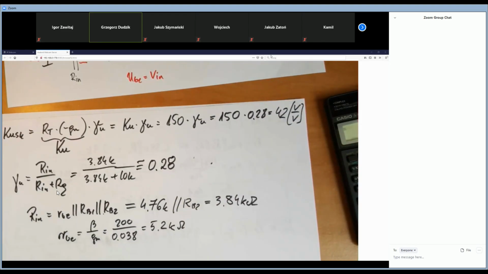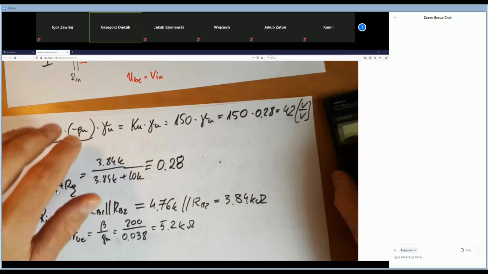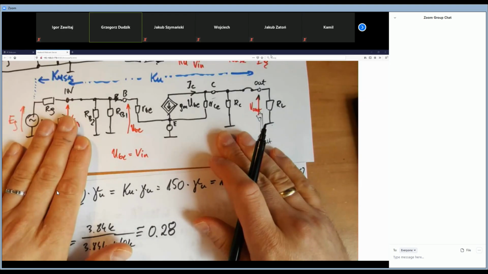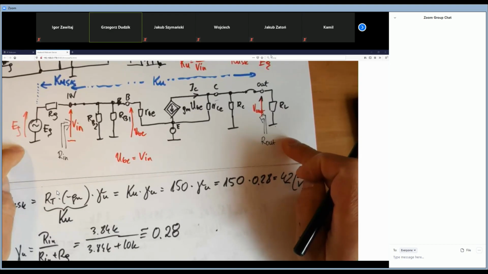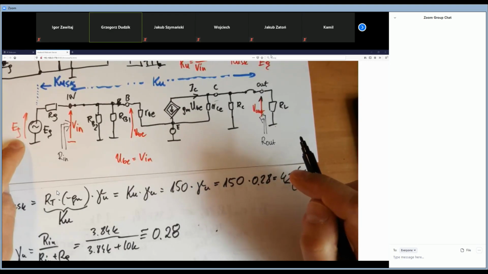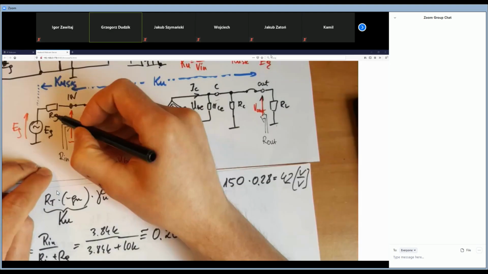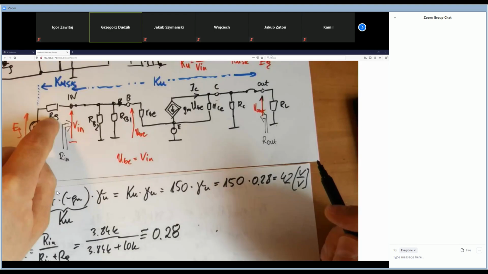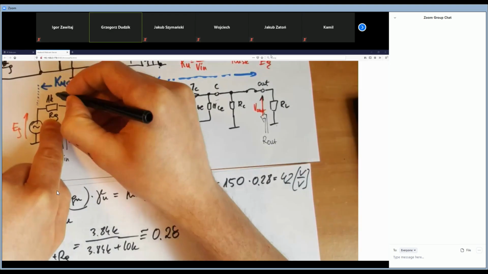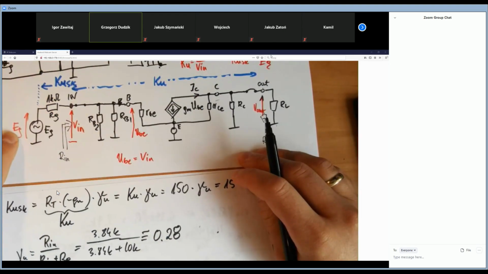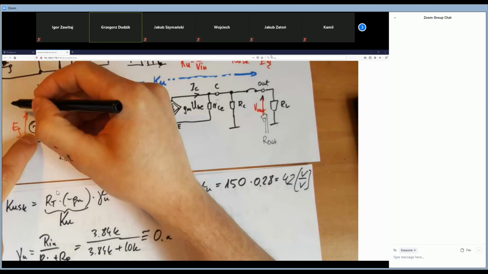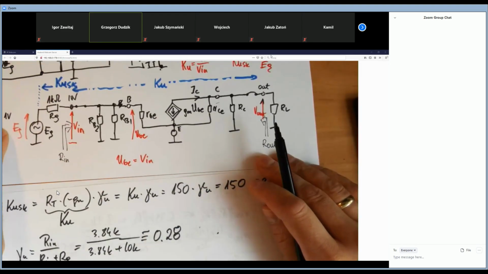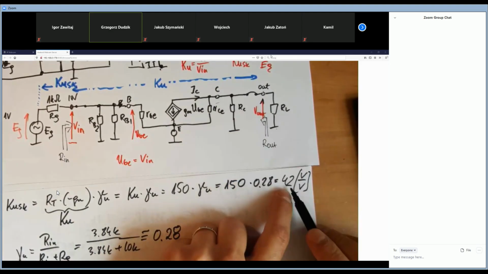So as you see, if we build such an amplifier circuit, and we have a signal source like a generator with output resistance Rg equal to 1 kilo ohm, and we set our signal generator to 1 volt, on the output we will see the signal which is gained by 42 times.